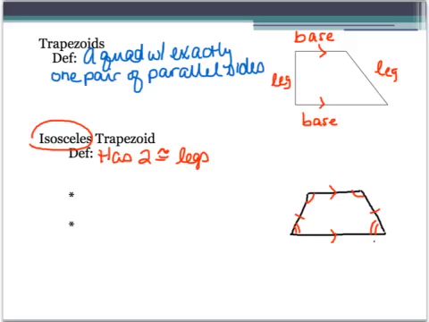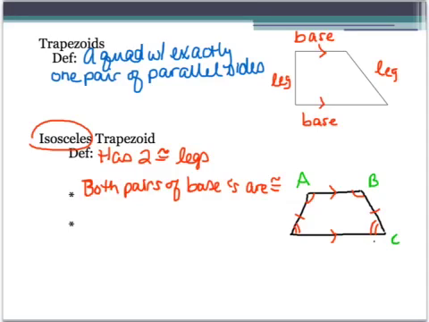Alright, so there are some other properties of an isosceles trapezoid. Well, we already talked about the angles, so we better write that down. Both pairs of base angles are congruent. And we marked them congruent in our picture, so now let's go ahead and state those angles.